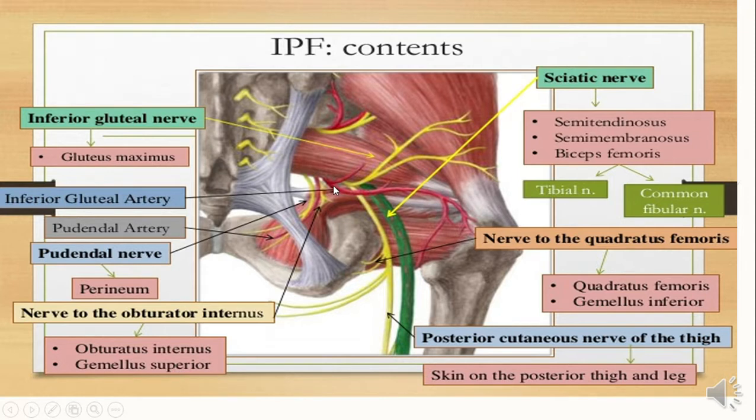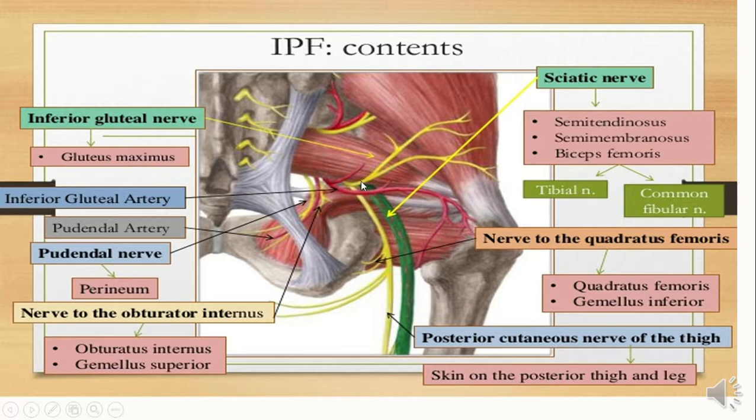Next, we observe the inferior gluteal artery and inferior gluteal nerve. The inferior gluteal artery supplies part of gluteus maximus and then the small deep muscles, while the inferior gluteal nerve only supplies the gluteus maximus of the superficial layer.